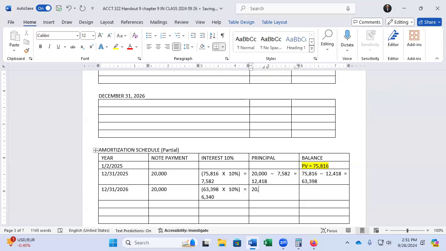And so now we take the 20,000, subtract the 6,340, and we end up with 13,660, which reduces our balance on our loan. And that's 49,738. Now I'd like you to try 2027.